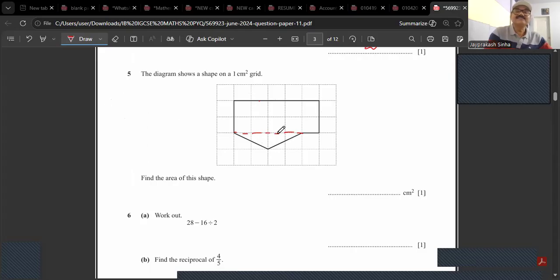It means the area of the rectangle is 5 into 2. We already know the area of a rectangle: area of rectangle is equal to length into breadth.